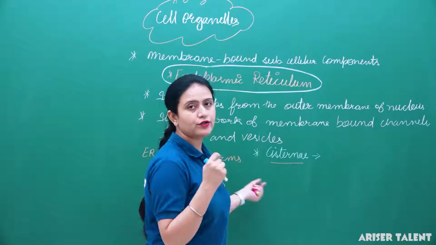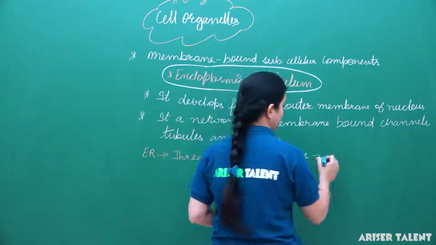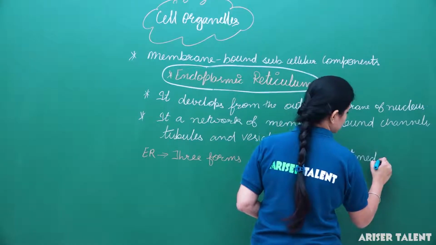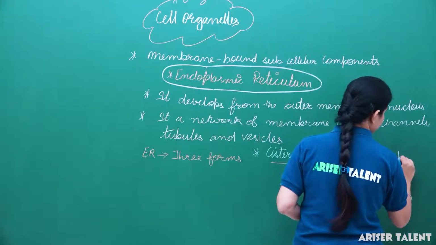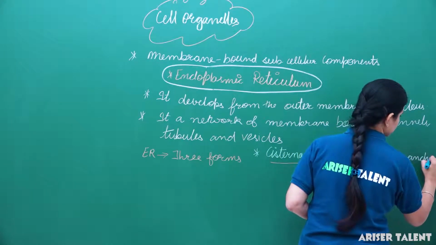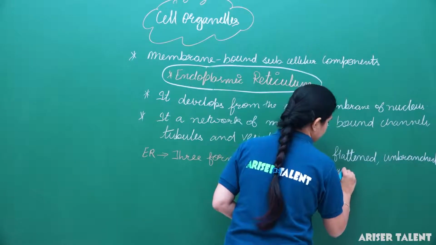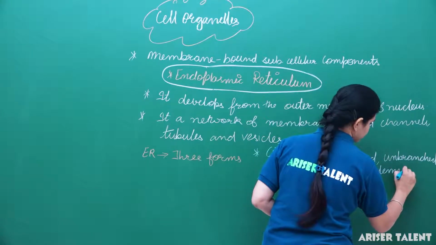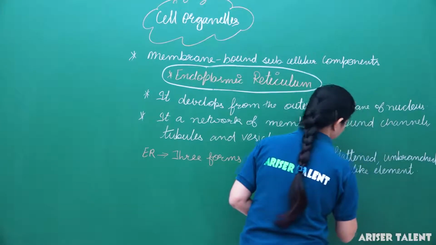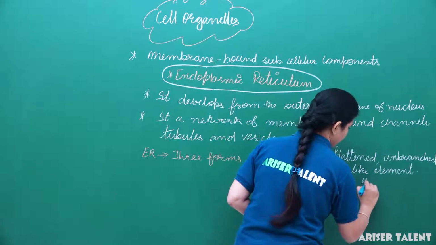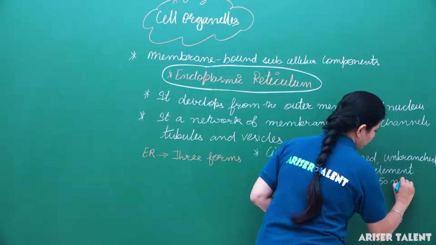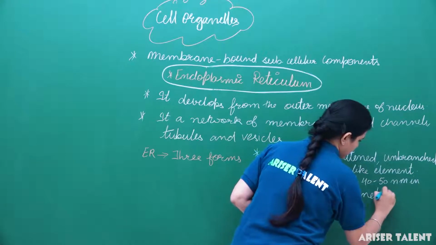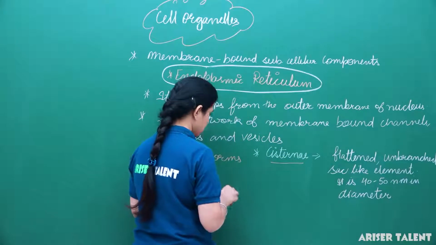Generally it is 40 to 50 nanometer in diameter. So what is the structure of cisternae?